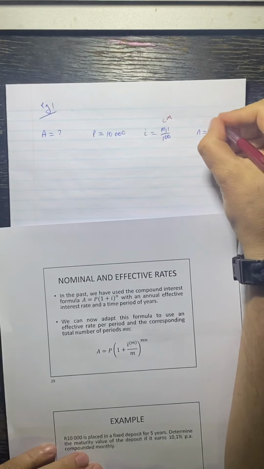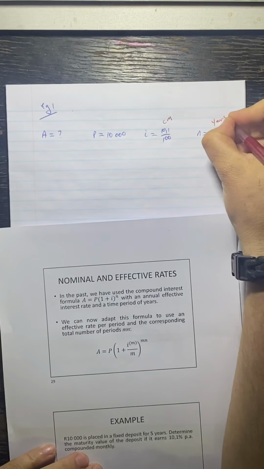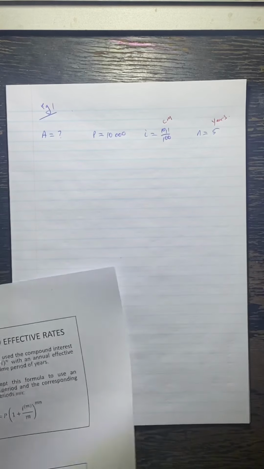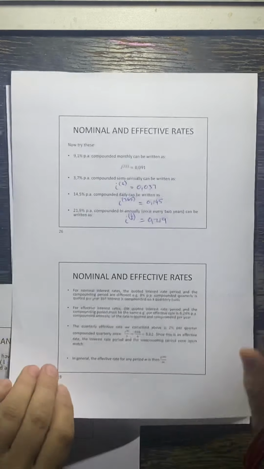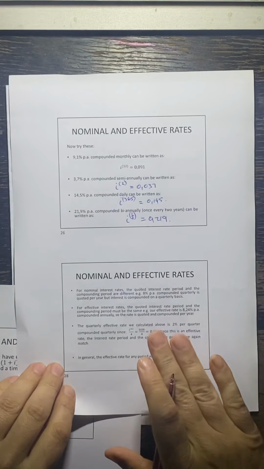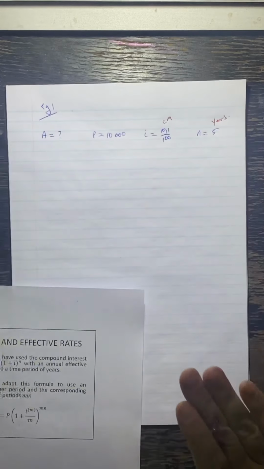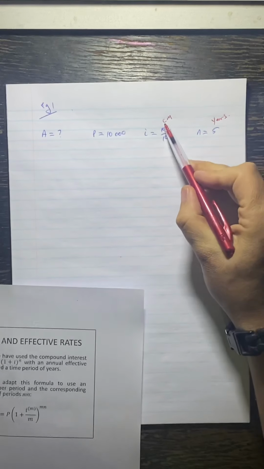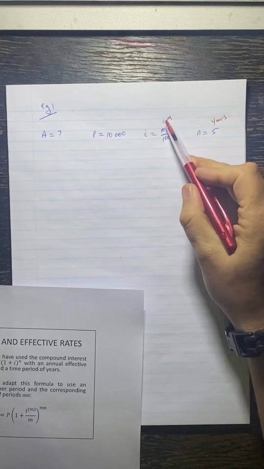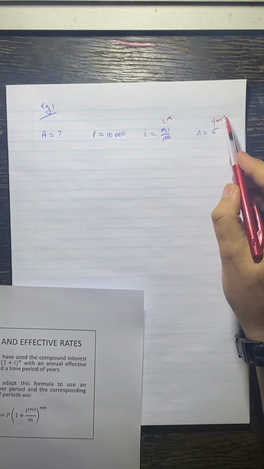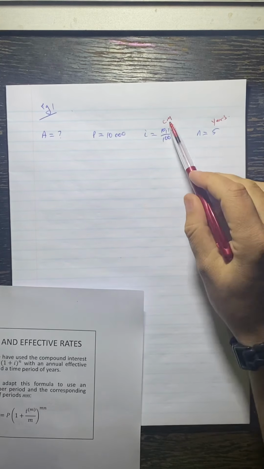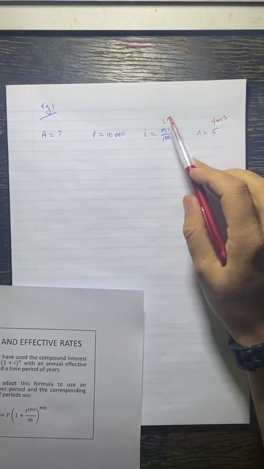Okay, and now this is in years. So what this part over here was talking about, with them not being in the same units, if we have a look here, this one is compounded monthly, so it's a monthly time period, and this is in years. These are two different units of time.